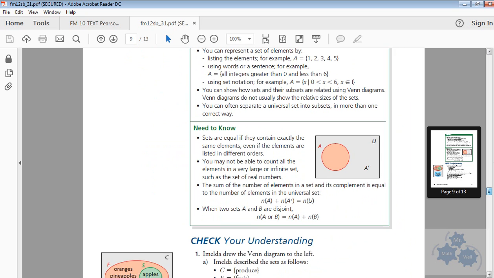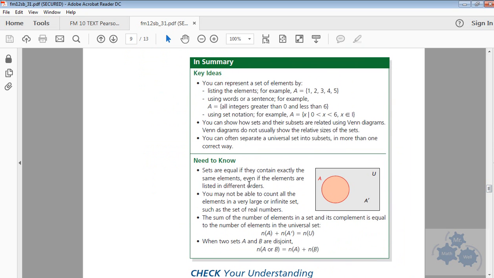All right, we'll let you go over the summary here a little bit. I'm going to leave that up on the screen for you to read over. Something we haven't covered yet is this little n right here. Let me zoom in on this.